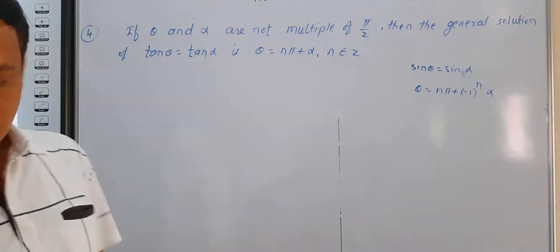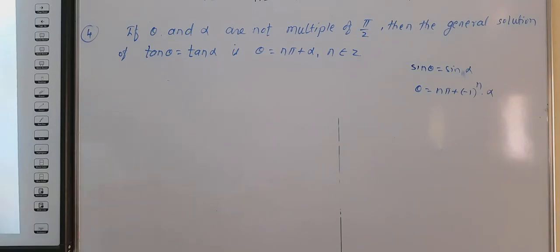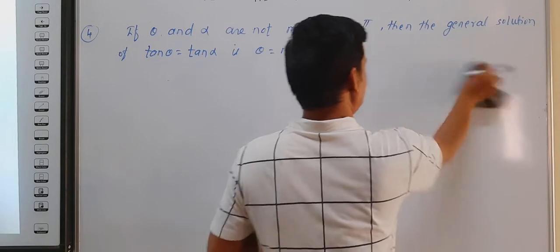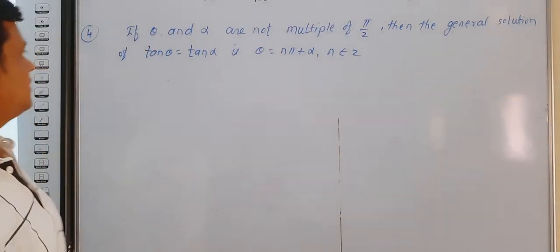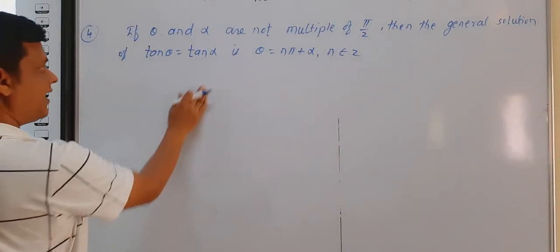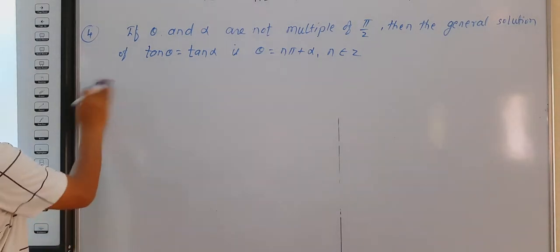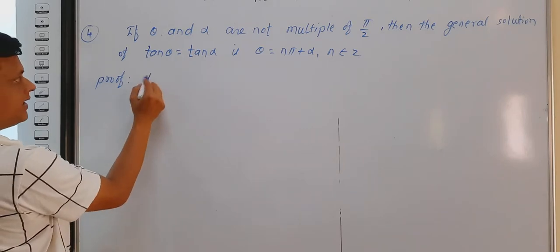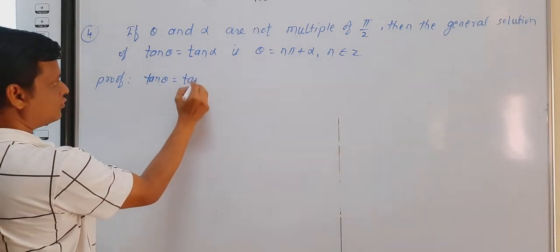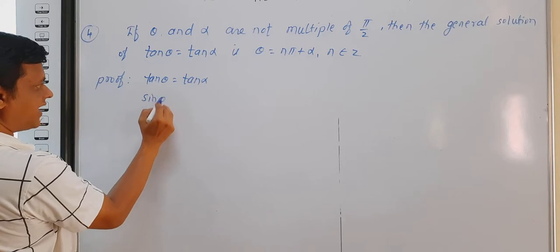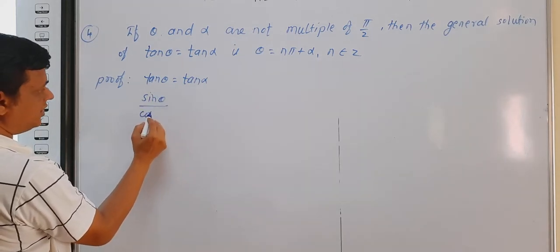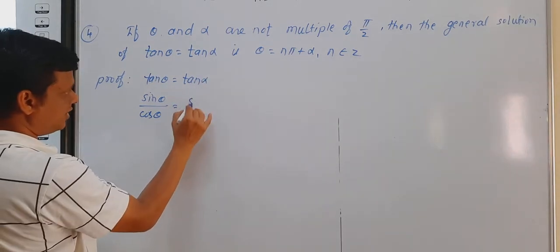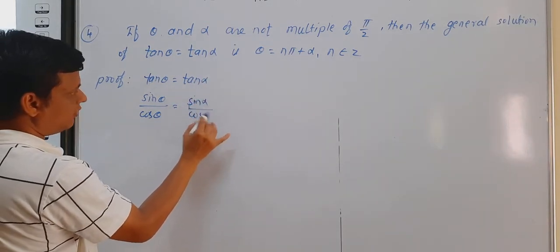Now, tan theta equals tan alpha can be written as, we write here the proof: tan theta is equal to tan alpha can be written as sin theta upon cos theta, and tan alpha is sin alpha upon cos alpha.